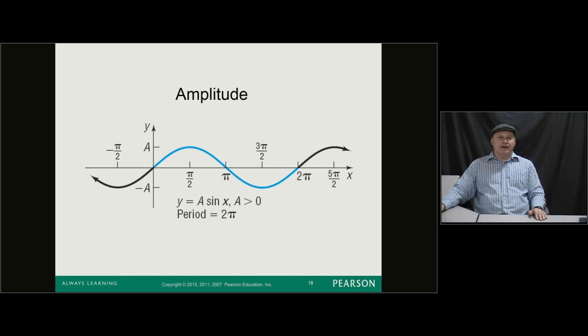Notice they don't call it 1 and negative 1. They call it a and negative a. So if you have 7 times the sine of x, then the scale would be 7 down to negative 7. Here a is greater than 0, because if a was negative, you'd have to flip it over.